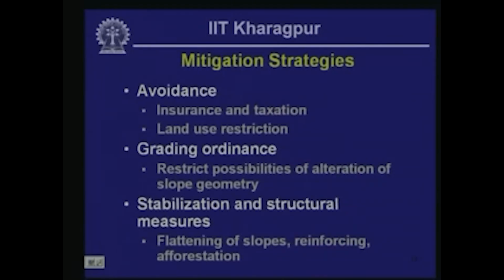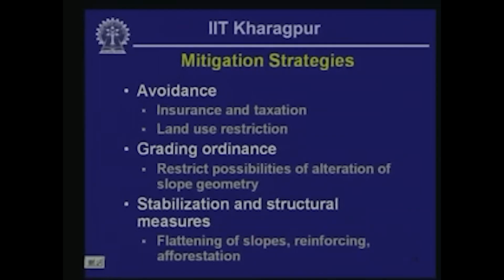Mitigation strategies include avoidance. So, if you have an area which is characterized by large likelihood of landslide, or is highly hazardous with respect to landslide hazard, you avoid that area for any development or construction. Avoidance could be ensured by requirements for carrying property insurance and taxation for developing an area, and land use restrictions.